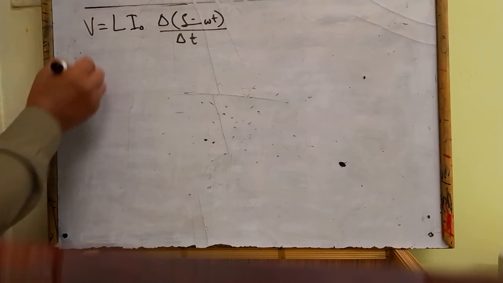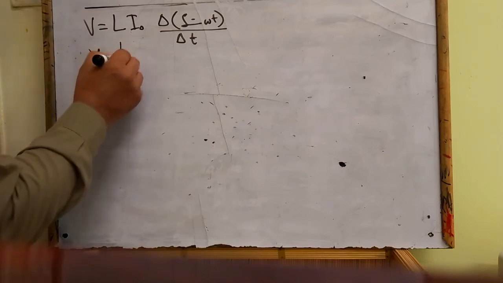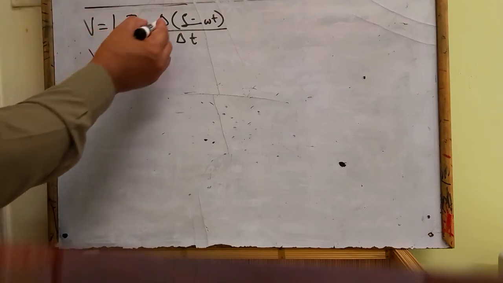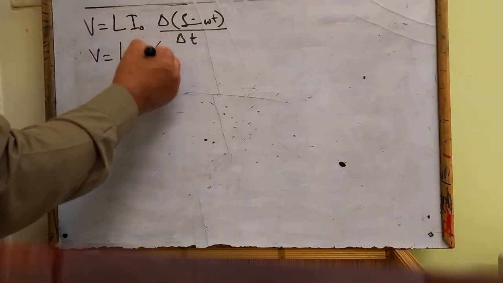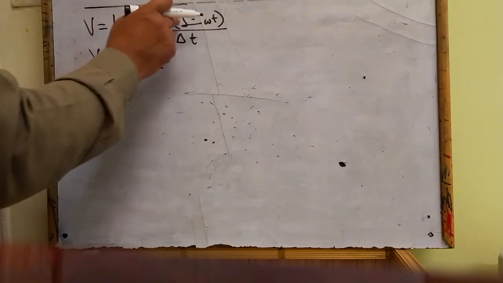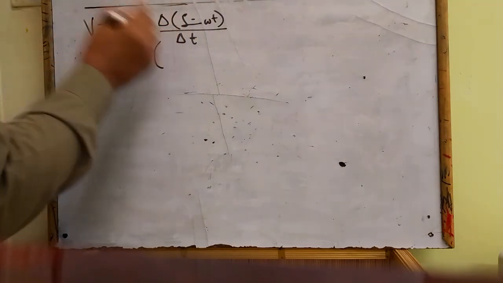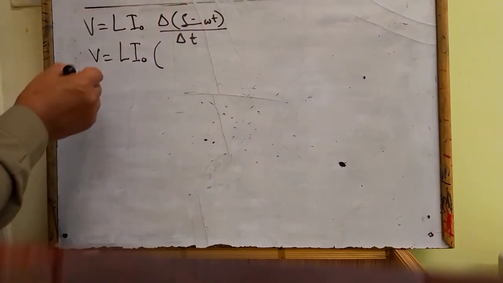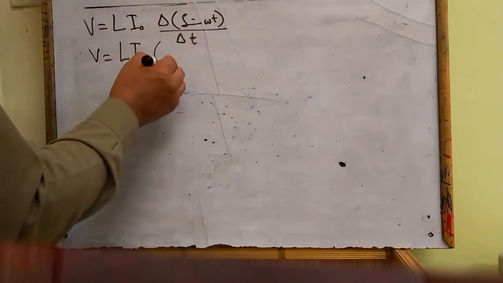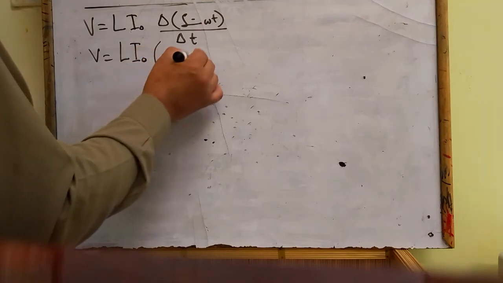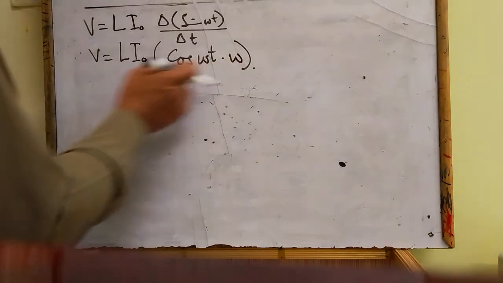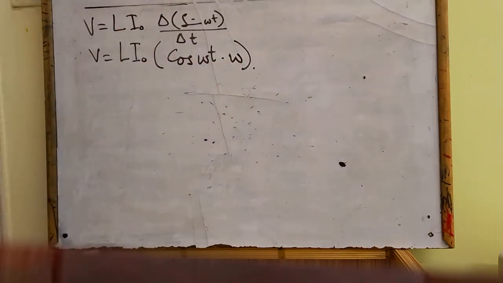And V is equal to L I naught. From calculus, delta sine of omega t divided by delta t, the rate of change of the sine function, gives us cos of omega t into omega. This is the subject of mathematics, class first year.